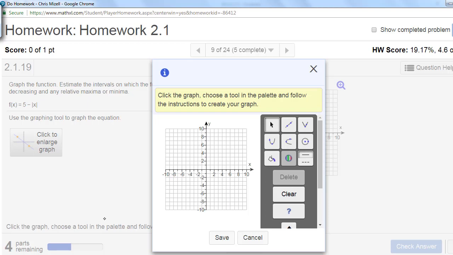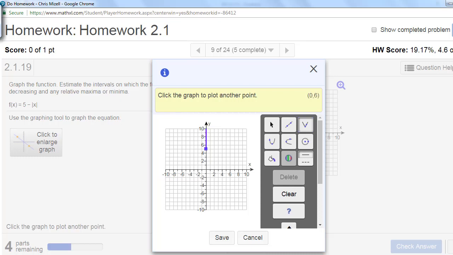So choose a tool in the palette and follow the instructions to create your graph. Oh, it must be the V-shaped tool. Are you thinking this is the V-shaped tool? It's an upside down one. But let's use the V-shaped tool and follow the instructions. Here goes. Click the graph to plot the vertex. Well, I'm going to try to click it right on (0, 5). Maybe close enough.